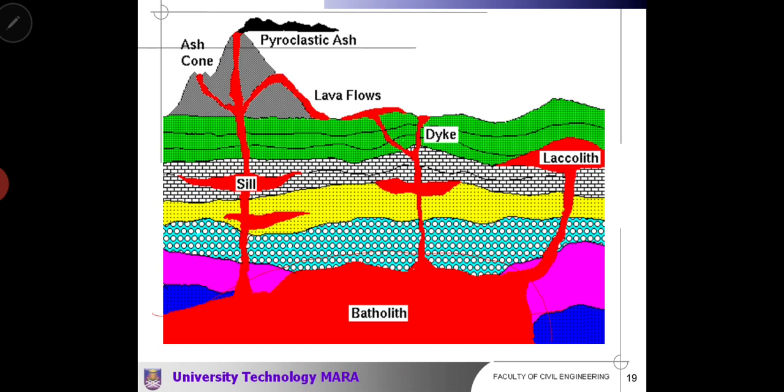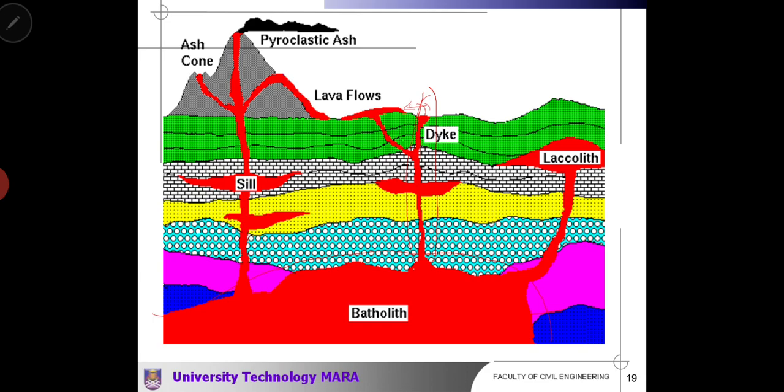Everything in this area will cool down and form the body of rock that we call batholith. The dike is wall-like or tabular, like this one, occupying the column here. The depth is significant, but the width is much smaller compared with its depth.